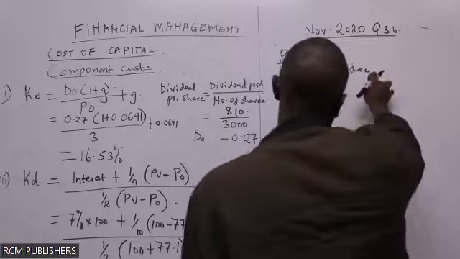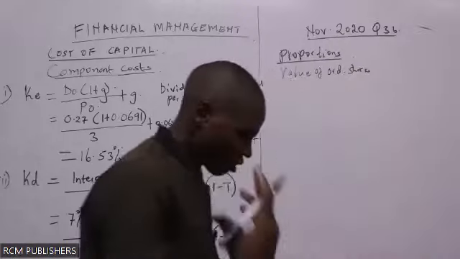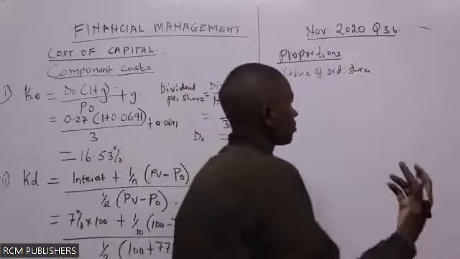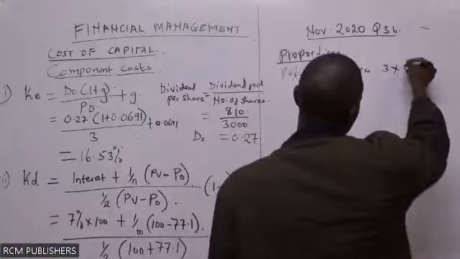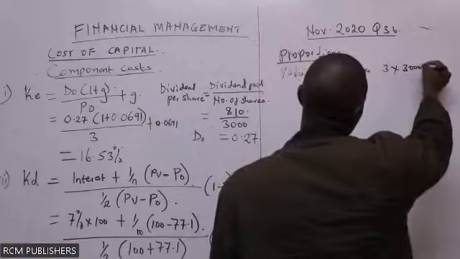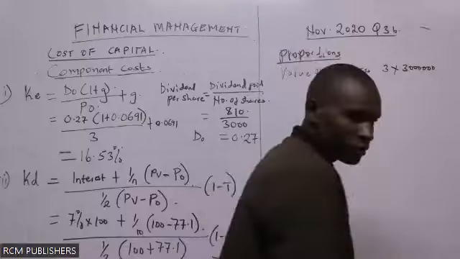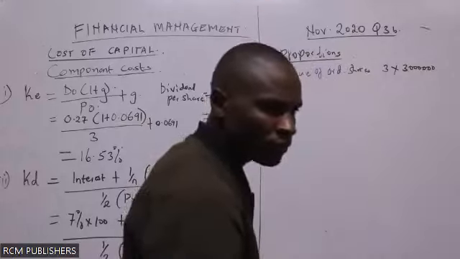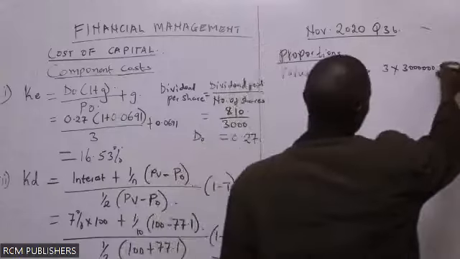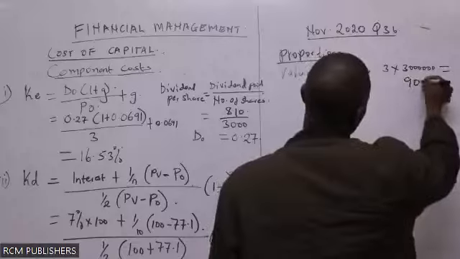To get the value of ordinary shares, you take the market price times the number of shares. The market price was 3 million, times the number of shares, 3 million as well. So my value of ordinary shares will be 9 million.